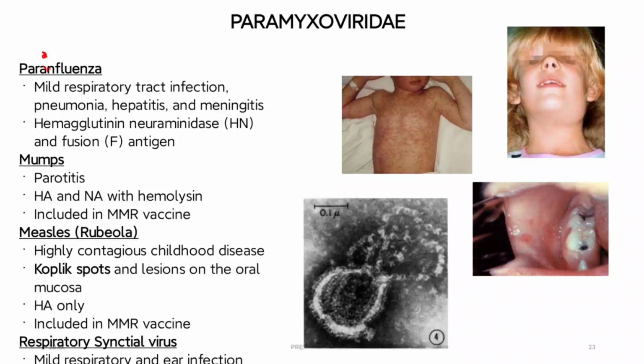Dito naman, whereas yung parainfluenza, it has already the pinagsamang hemagglutinin neuraminidase, which is the HN. Okay? HN antigen and then the fusion antigen. Okay? And then, pareho silang nagkakos ng respiratory tract infection, ng pneumonia. However, parainfluenza could lead also to hepatitis, and yung severe form niya is meningitis.